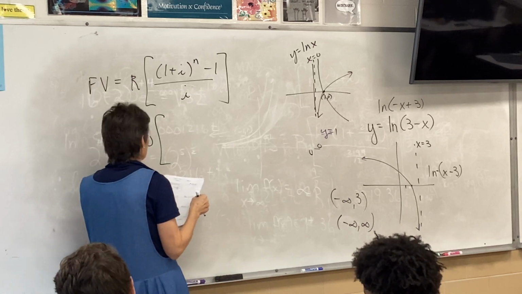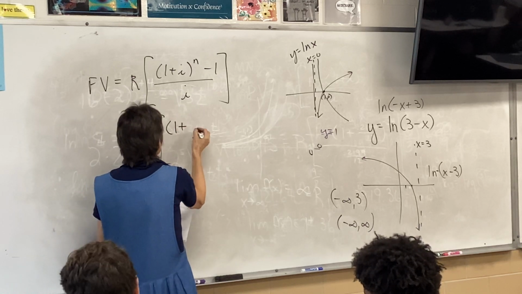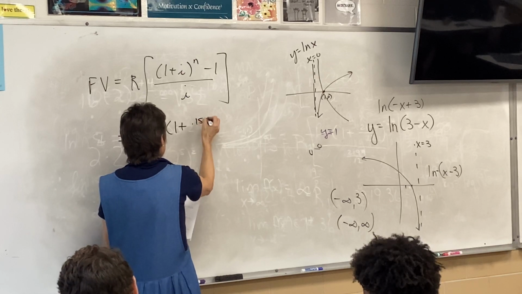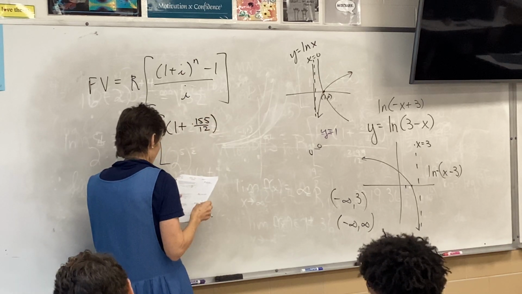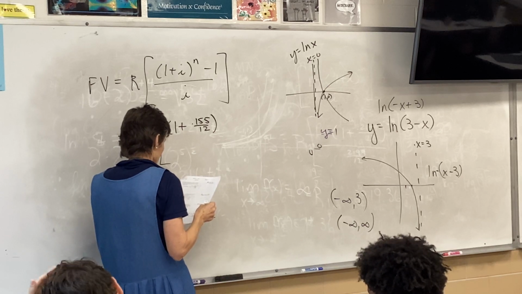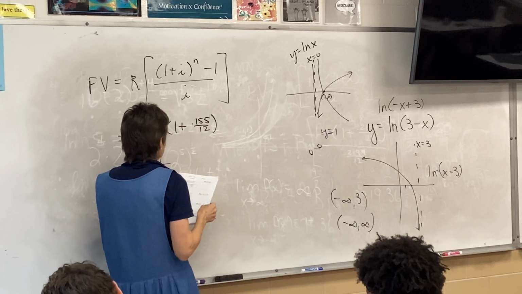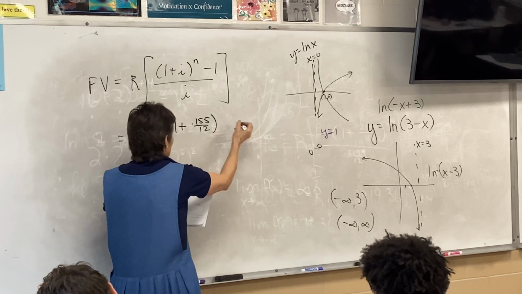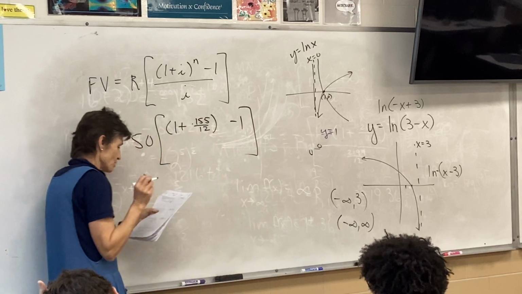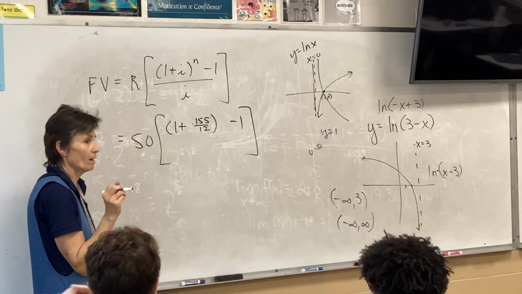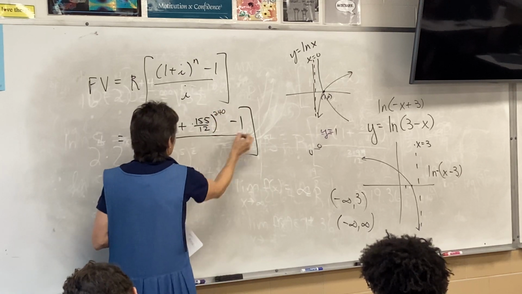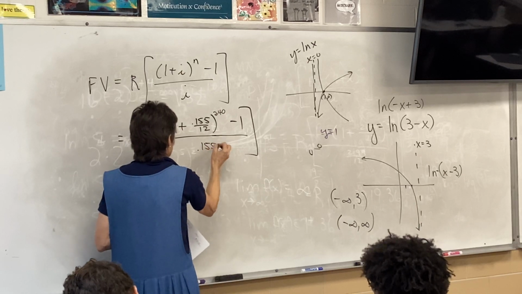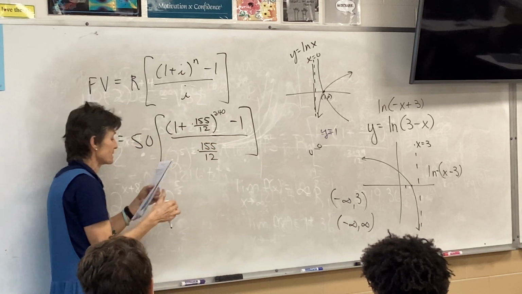Wow, 15.5%, that's pretty awesome. So that would be 0.155 divided by 12 monthly. And we're doing this for how many years? 20 years times 12, 240. All those numbers make sense to you, Sydney?